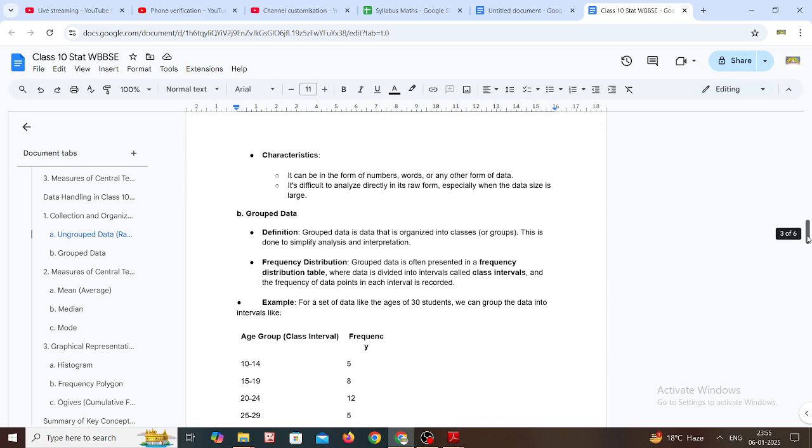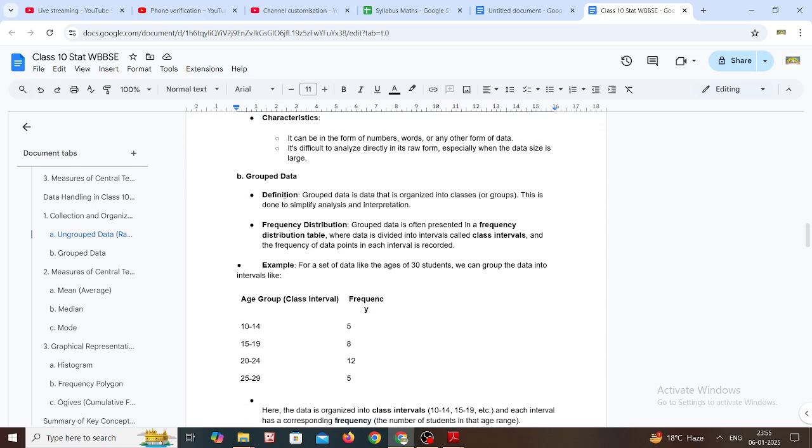So we go for group data. Group data is data that is organized into classes or groups. So we are grouping something. This is done to simplify the analysis and interpretation. Frequency distribution is basically how many times something is repeated.